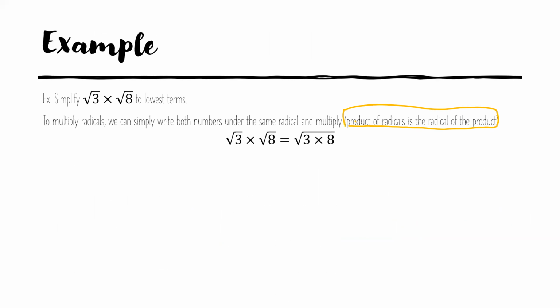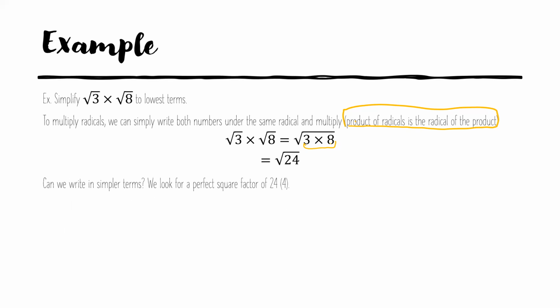That's all it's saying. So in our case, the square root of 3 times the square root of 8 can be rewritten as the square root of 3 times 8. We simply multiply the two numbers and then take the root of that. This ends up giving us the square root of 24.